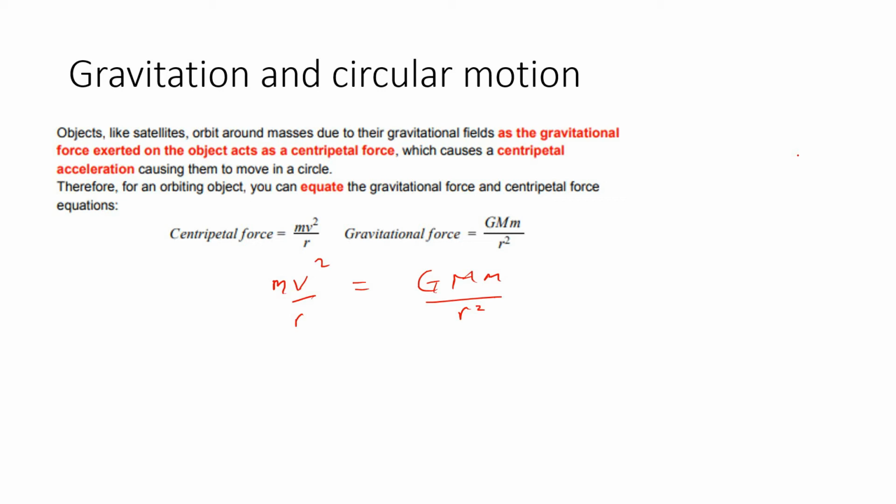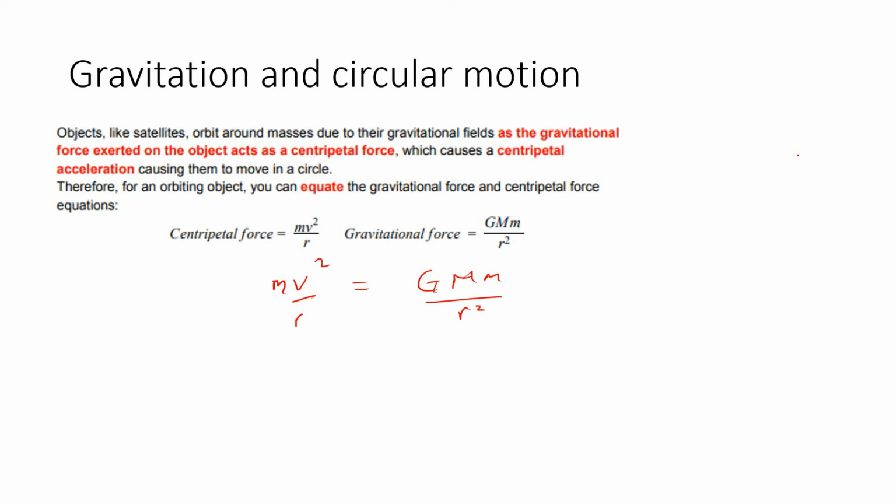Now, centripetal force is a force that is linked to when an object is orbiting or rotating in a circle, and that force is always directed towards the center. So once the object is rotating around another object, we can clearly see that it is the gravitational force that is causing a centripetal force.